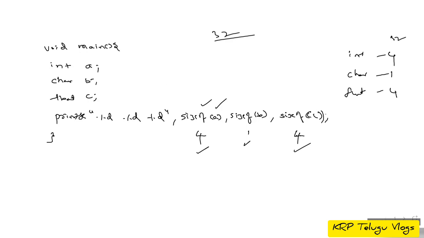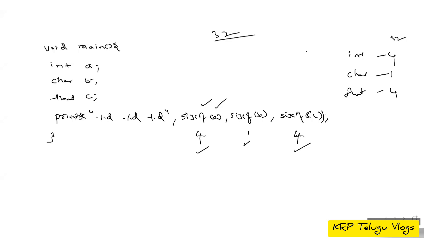Can I erase? Yes, sir. Sir, how should we consider whether it is 16-bit or 32-bit? No, they will mention it. In the interviews or in the written test, they will mention.